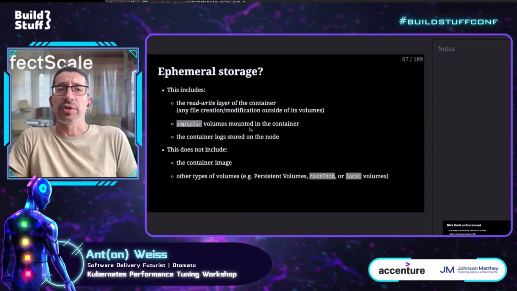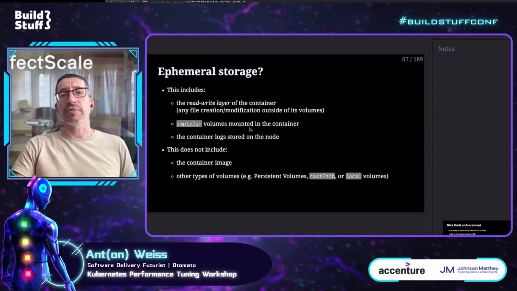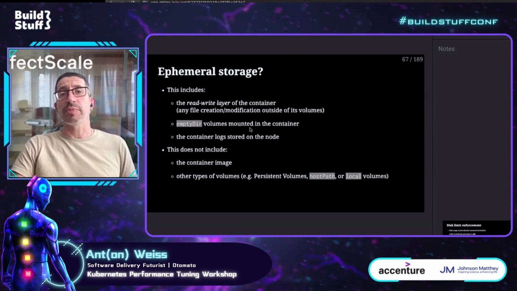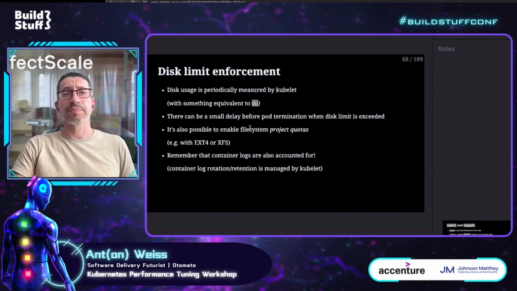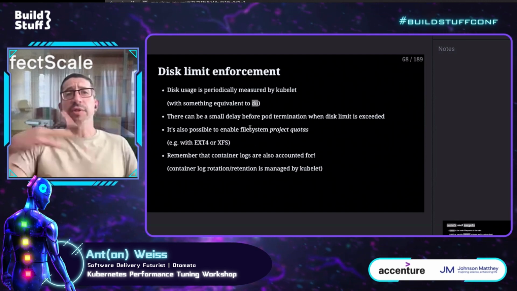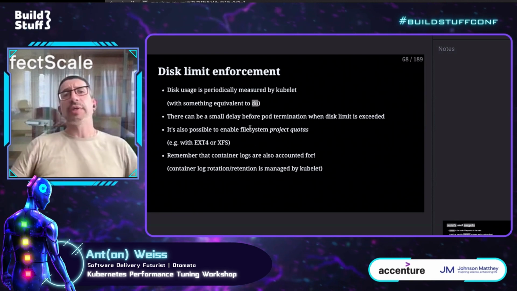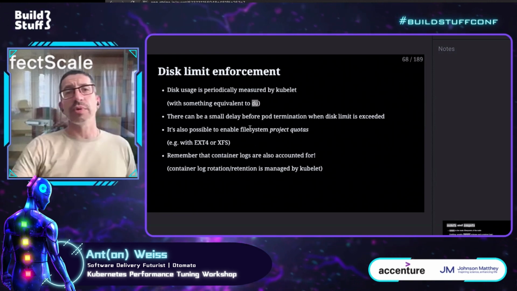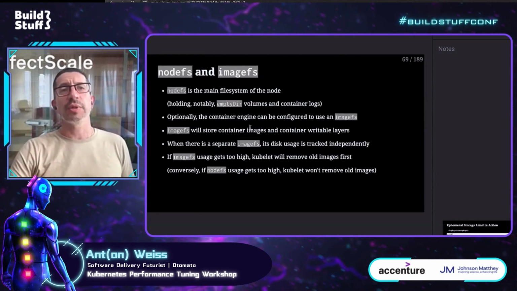It doesn't include the container image or other types of volumes, such as host path or local volumes. What enforces the disk usage is the kubelet. There can be a small delay before pod termination, and we'll see this in a moment.